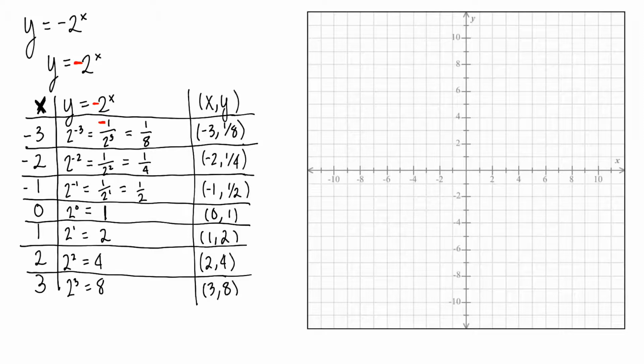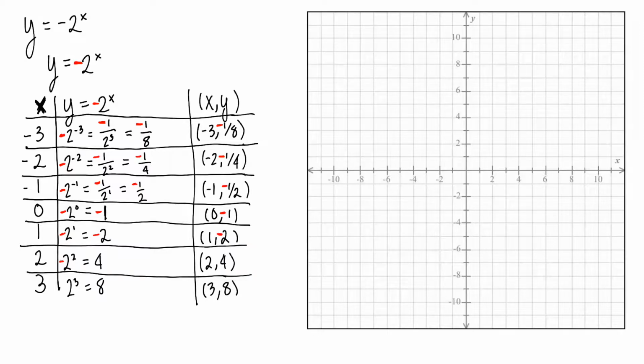There will be a negative here, negative here. So this would be negative 1/8, right? Negative 1/4. Negative 1/2. I mean, you can see where this is going, right?